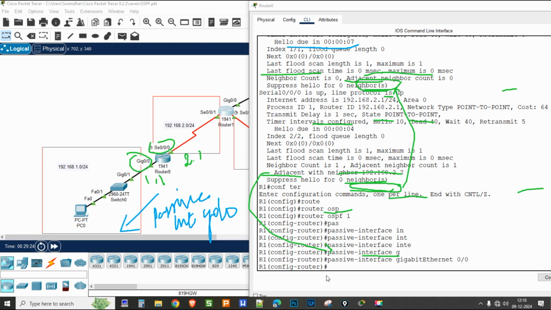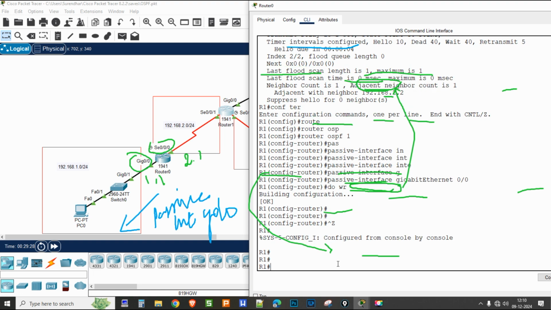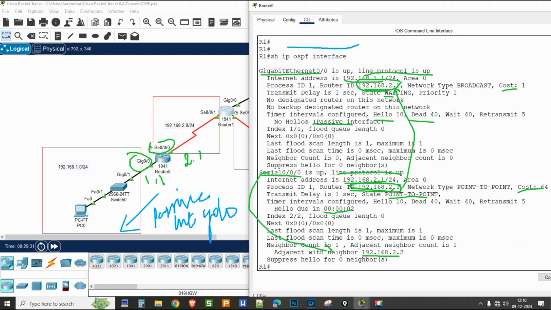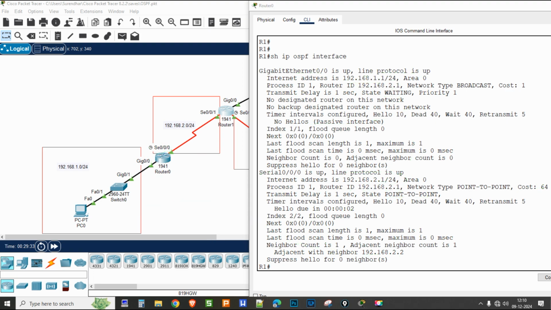Now we can see no hellos. This is the passive interface. So that's why we do not advertise the routing information inside the LAN network using the command passive interface GigabitEthernet 0/0.